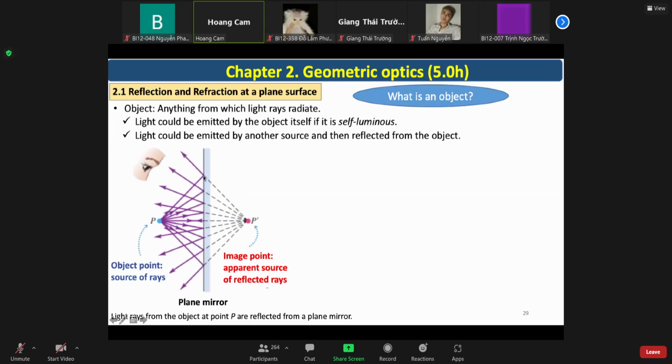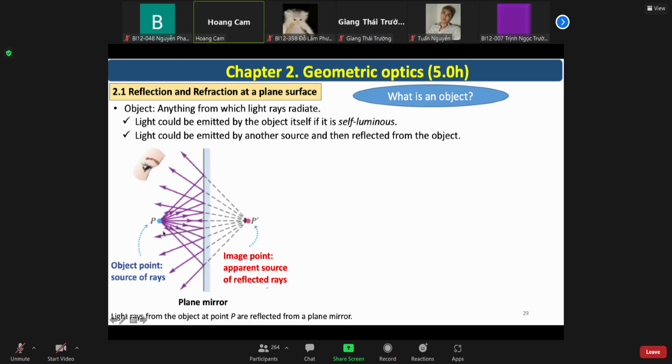So at this incident point, how can we draw? We draw the normal, which is perpendicular to the plane mirror at this incident point, and then we draw the reflected rays. So this angle and the incident angle are the same. Okay, so we can draw these reflected rays here.